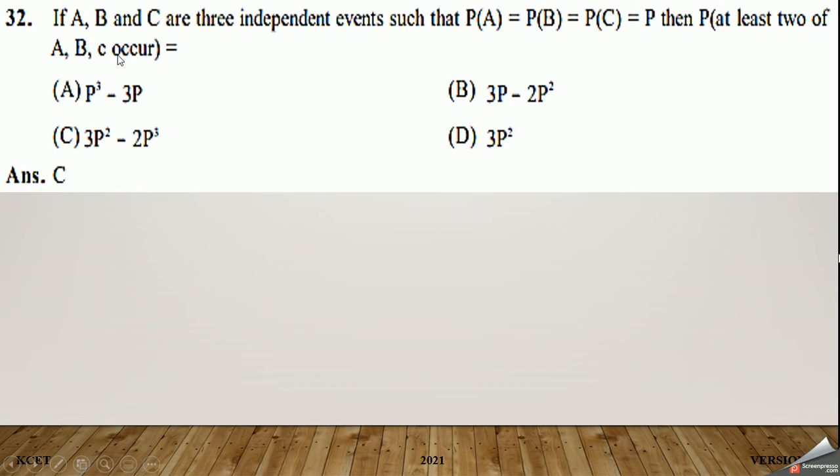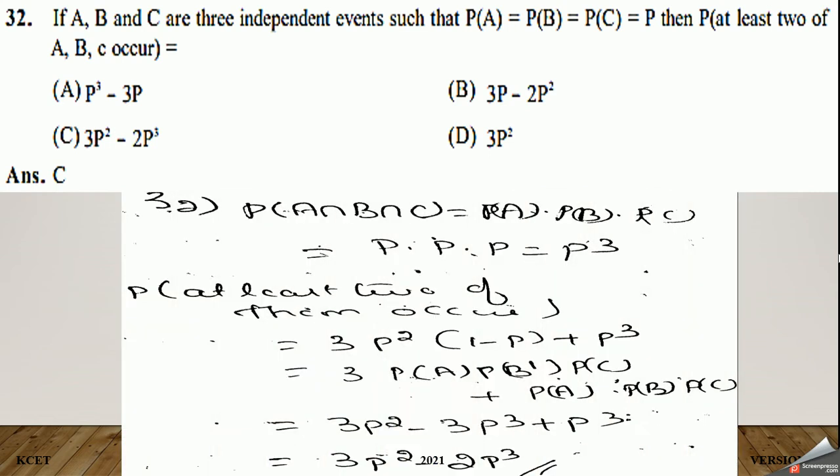If AC occurs, B should not occur, and if BC occurs, A should not occur. Since it is at least 2, the minimum is 2 and the maximum is 3. So I'm going to consider the possibility of 3 also here. So at least 2 of them.